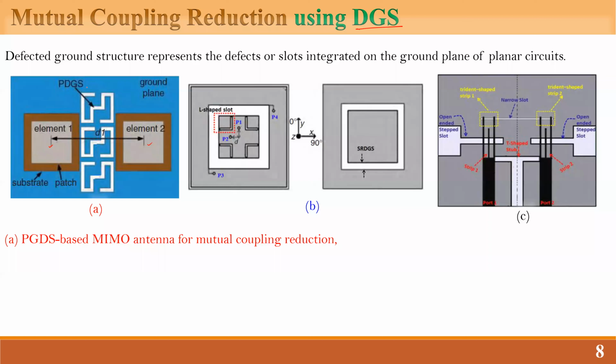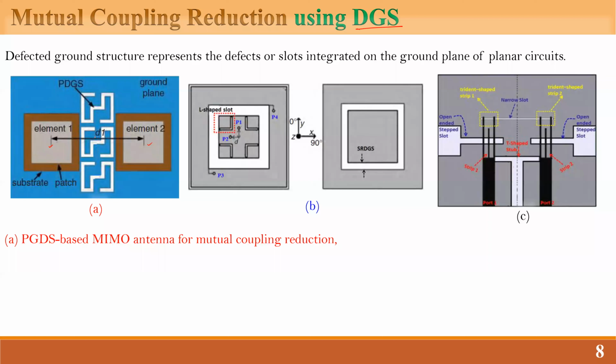Now, what is PGDS? It stands for periodic S-shaped defected ground structure; it looks like an S. This structure has been placed between these two radiating elements, and the idea is to reduce the mutual coupling.